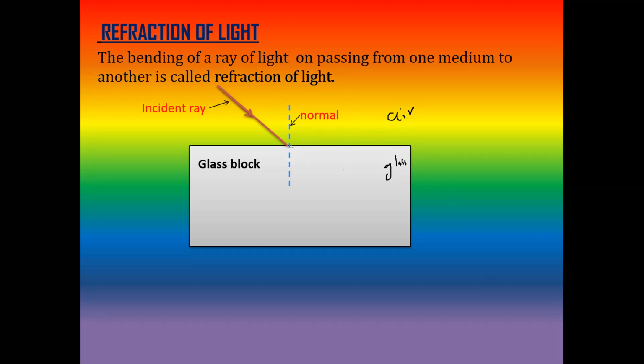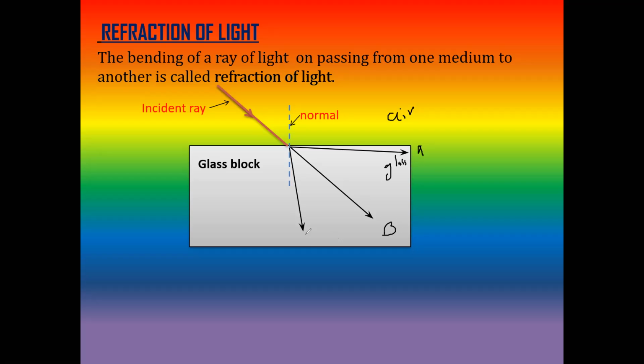For example, if I show three paths, A, B, and C, which one will it follow if the speed of light decreases moving from air to glass? As the speed of light decreases, it bends towards the normal. So we will observe it bend towards the normal as the speed decreases.